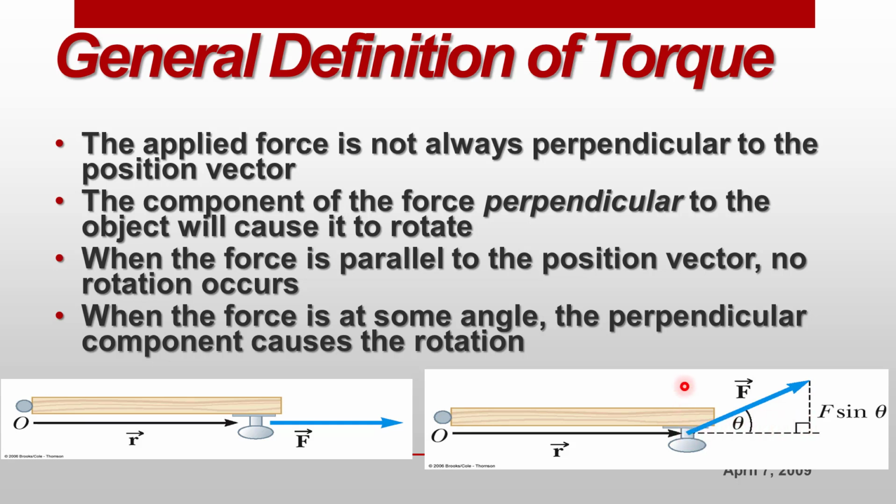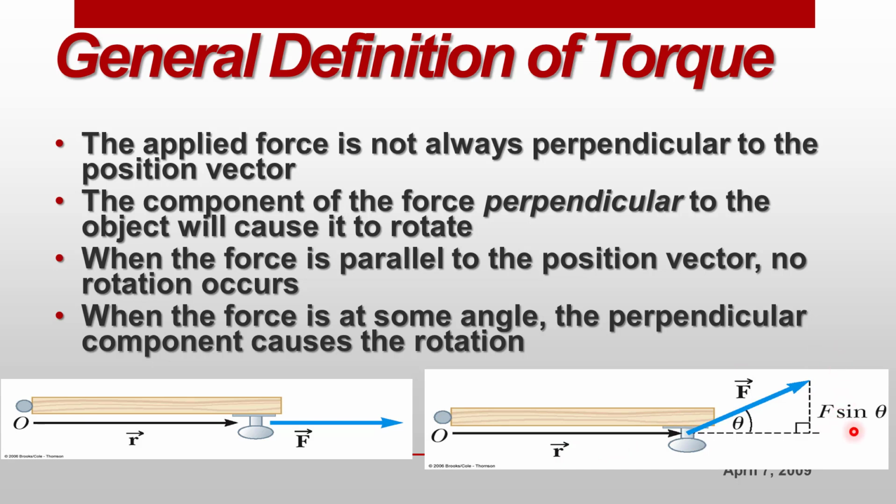So the rotation will be produced in the direction of the vertical component of this force. You can see the rotation will be produced either in this direction or in this direction, depending upon the direction of applied force and the vertical component of the force. That's why we can say that torque is the cross product between r and F, because the vertical component is the effective component over here.